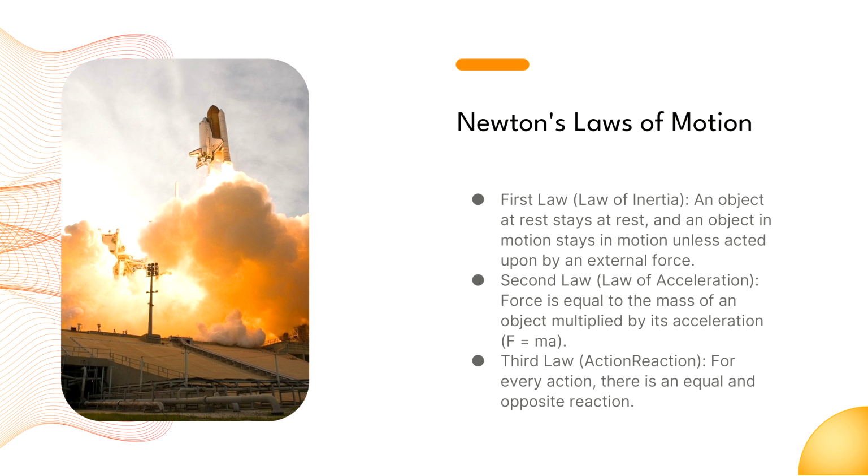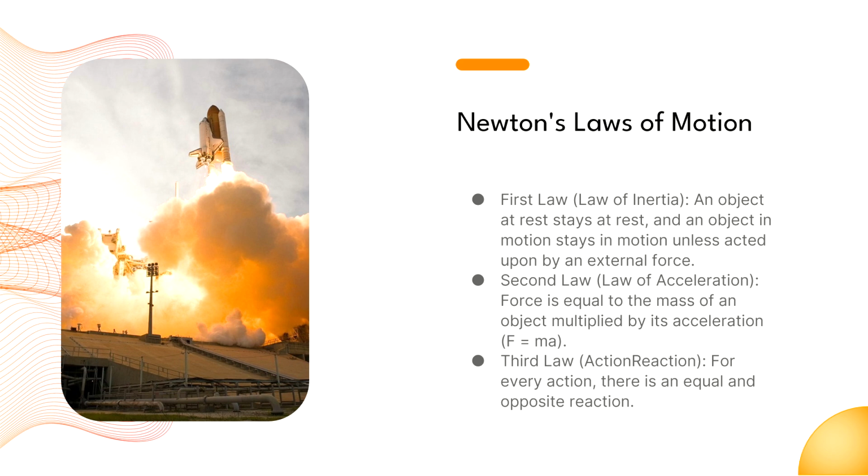Second law, also called the law of acceleration, is the force equal to the mass of an object multiplied by its acceleration. So force is equal to mass times acceleration. And third law, which is the action reaction. For every action, there is an equal and opposite reaction.